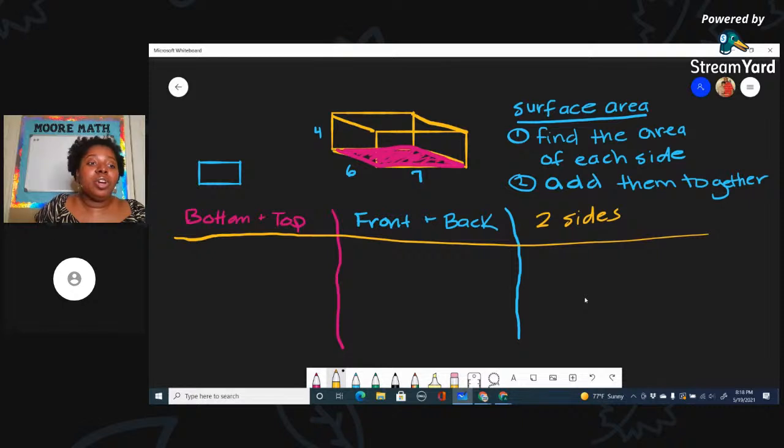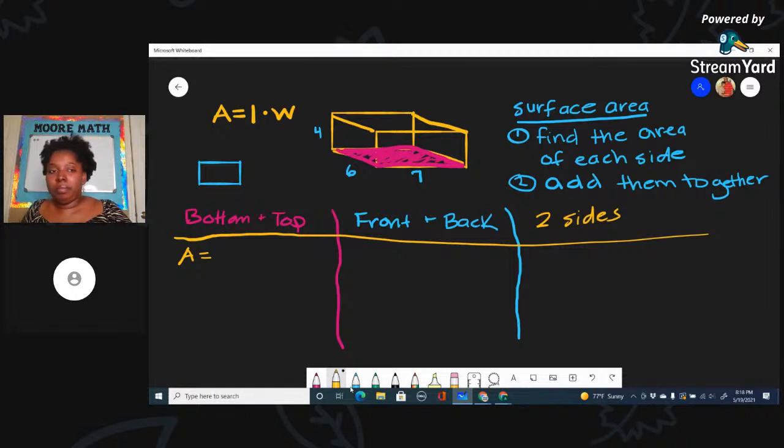Okay. So let's do it. We know that once we have the bottom, the top is the same thing. So the bottom is a rectangle. What is the area of the rectangle? What's that formula? Not yet. So area equals length times width.